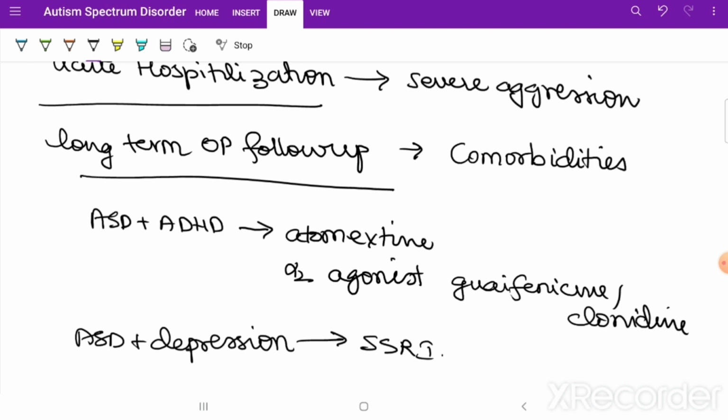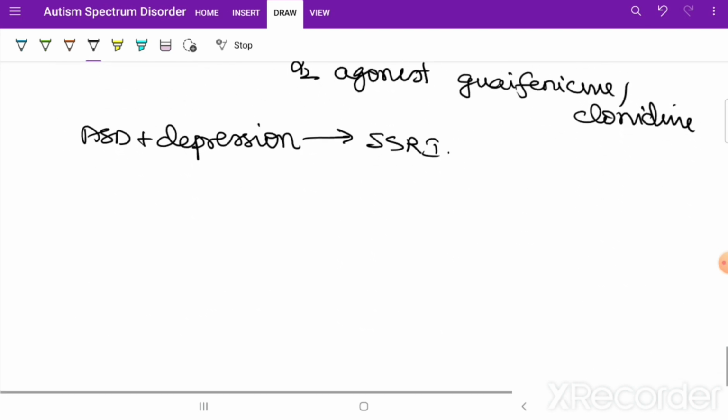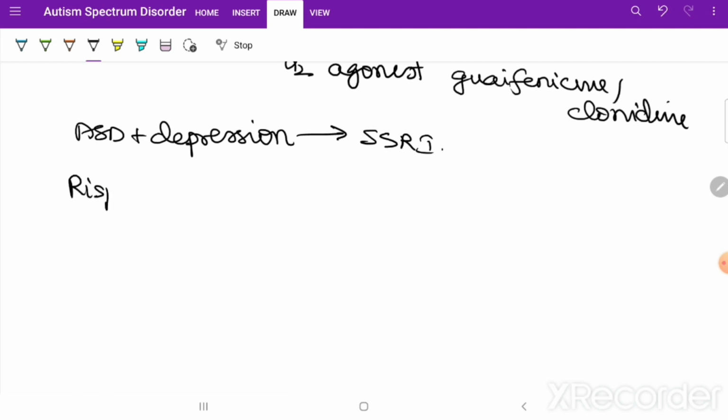One more thing which you need to know is about risperidone. Risperidone is an atypical antipsychotic.